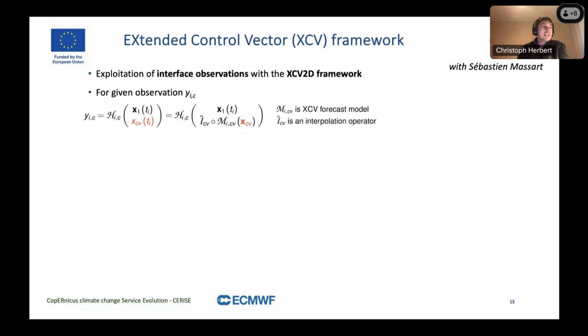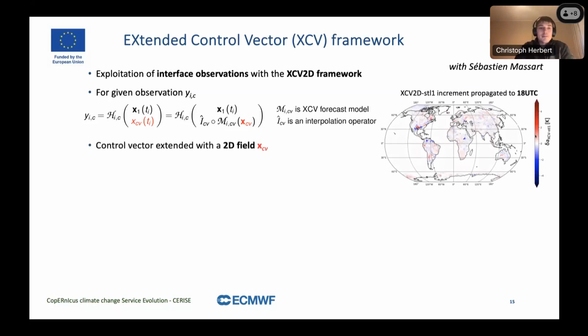So the idea is to have a new sink term: rather than filtering out this information, we add another variable which we change in the 4D-Var, which then contains the remaining information from the satellite which is not sensitive to the atmosphere.